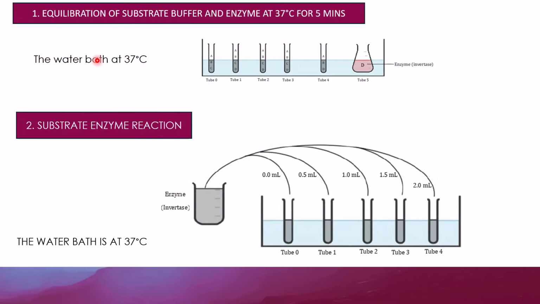Now let's start by looking at each step. The first step involves the equilibration of our substrate buffer prepared from the table and the enzyme at 37 degrees Celsius for 5 minutes.